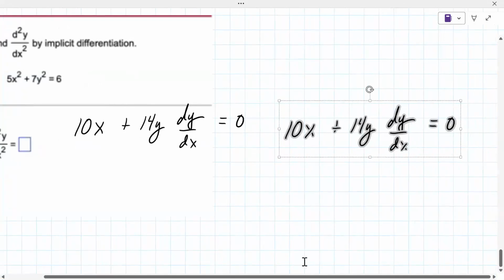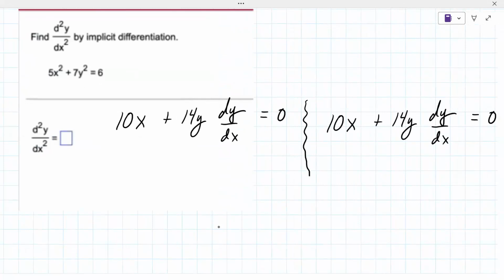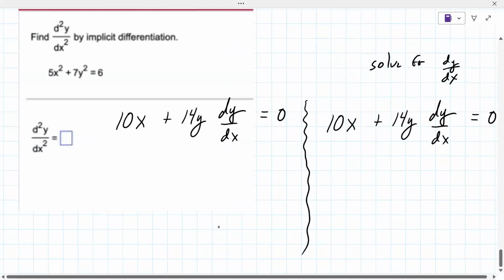I'm actually going to copy this over here to the right. And on the right here, we're going to solve for dy/dx. But on the left, we're going to keep going with the derivative.